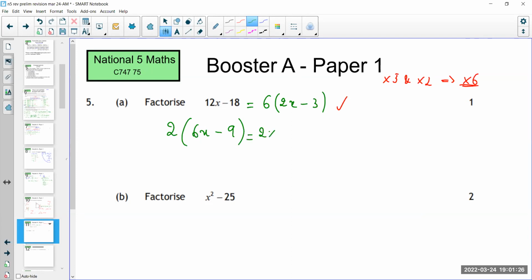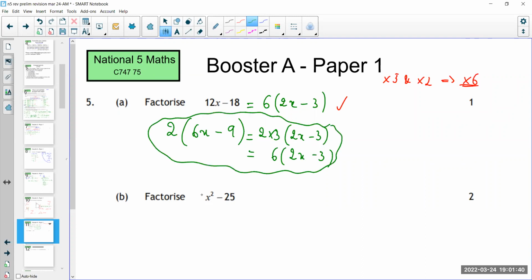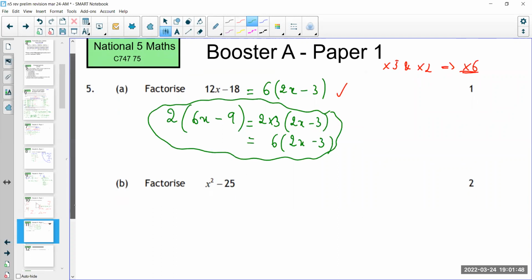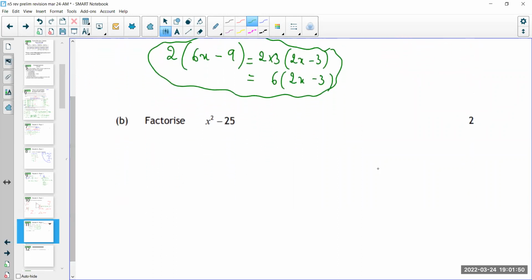And that is the same as 2 times 3 times 2x minus 3. But then you need to write what 2 times 3 is, 6 times 2x. So this is the long-winded way. By going through, oh, I'm going to do 2 first, then oh, I can see 3. All right. That's why they're not big marks.